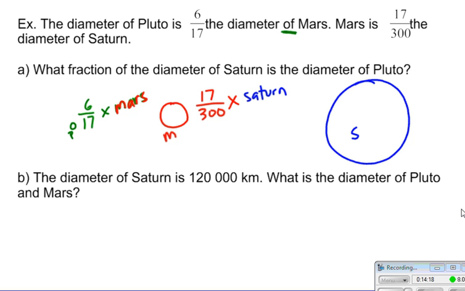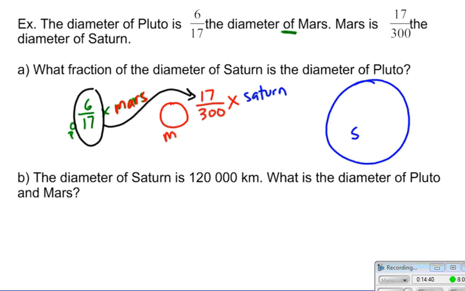So we have 2 fractions, and Mars is what connects them together. So we know that Pluto is 6/17 times Mars, because this is what Mars is, right?